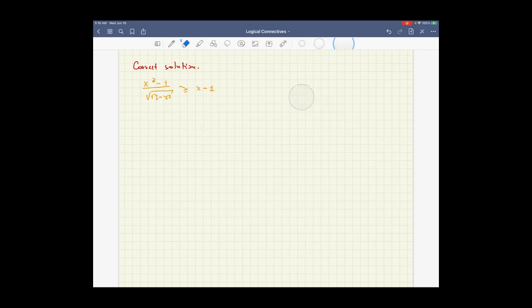So the first step in my solution will be factoring out x minus 1. And maybe I can move x minus 1 from the right hand side to the left. Now let's factor out x minus 1.